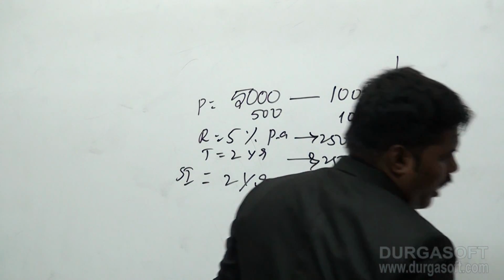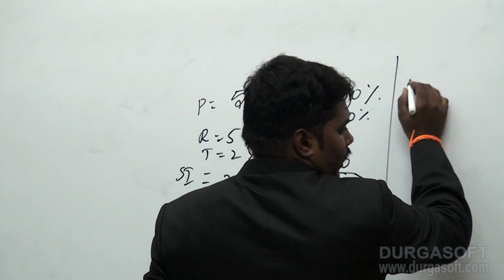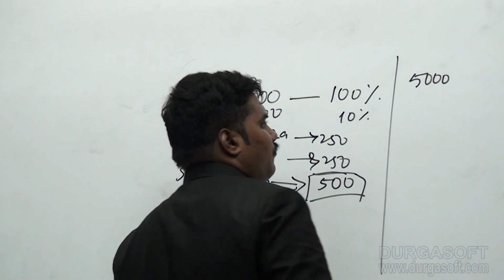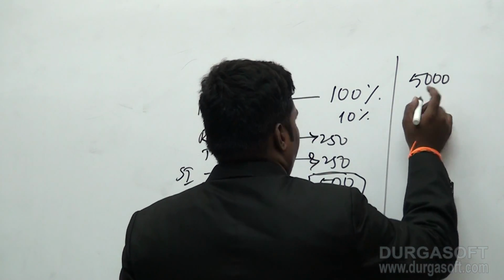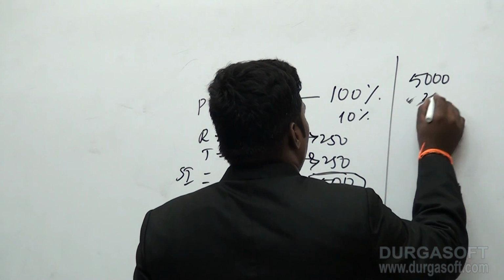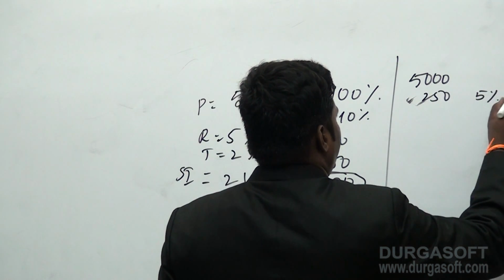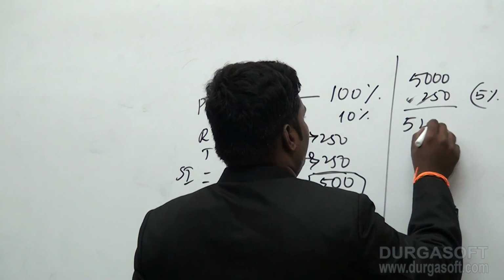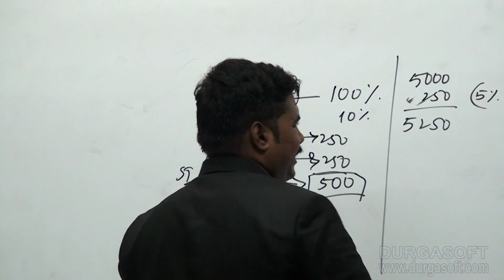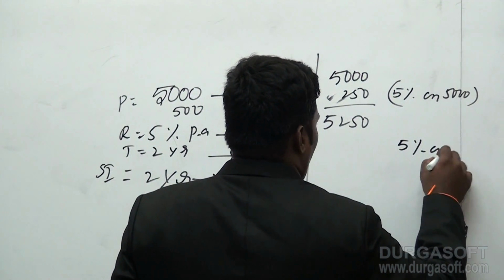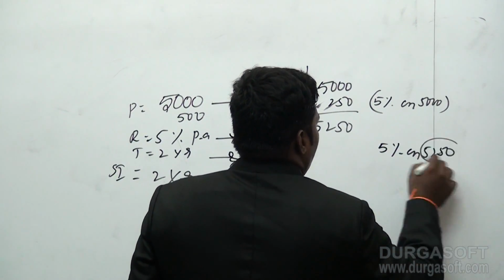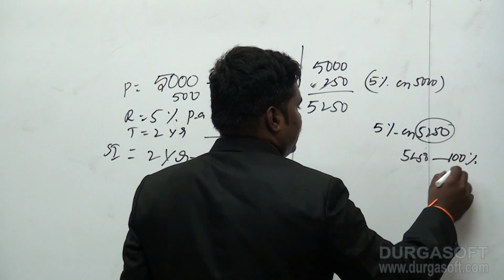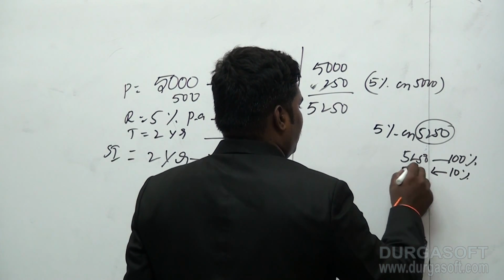On the basis of compound interest, on 5,000, first 5% interest is calculated for the first year. That means 250 is added, 5% on 5,000, and you get 5,250. In the next year also, 5% on 5,250. Let 5,250 be 100%. Then 10% is 525.